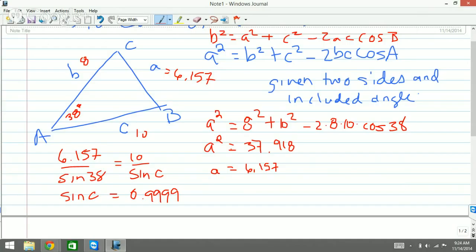Now sine inverse, right? C equals the sine inverse of 0.999. What is that? 87?